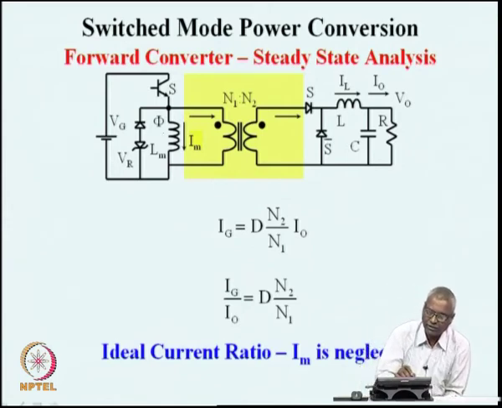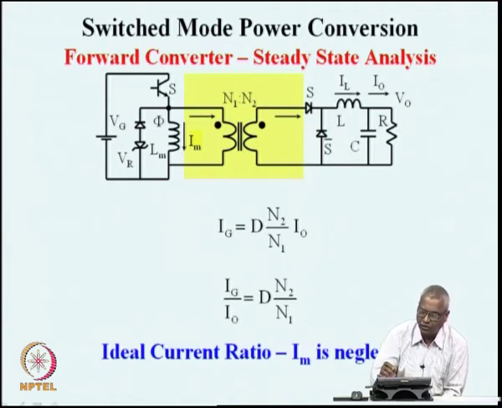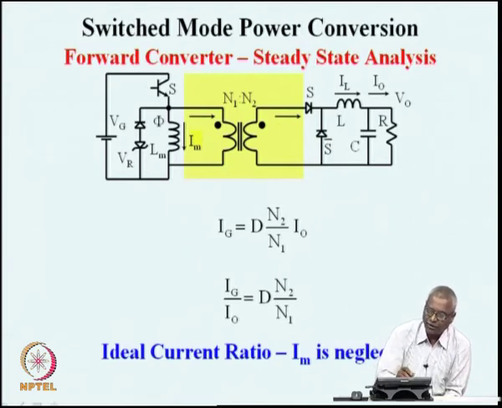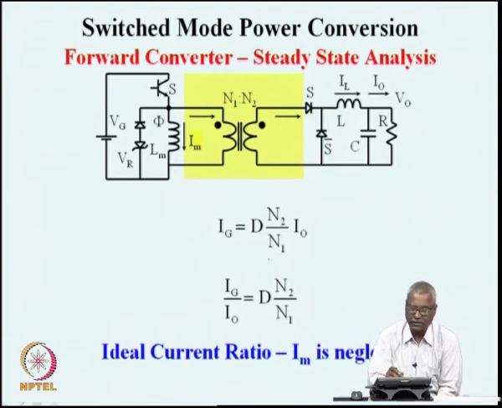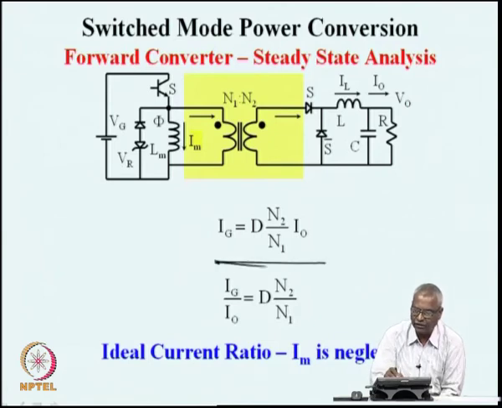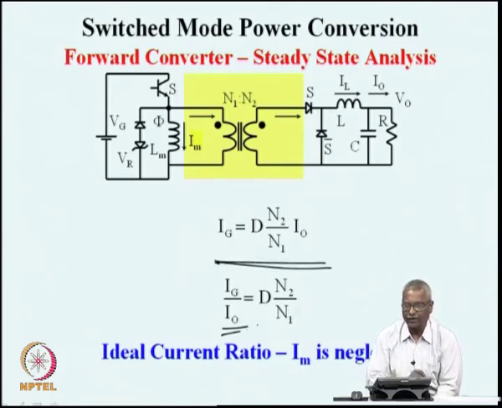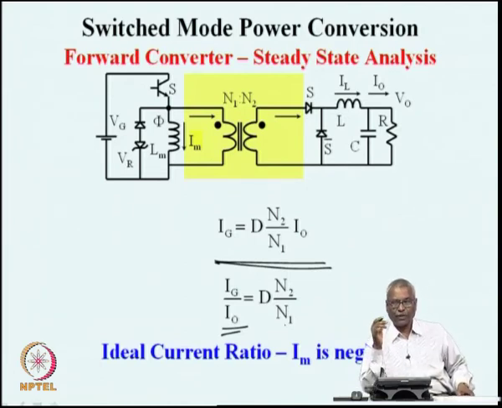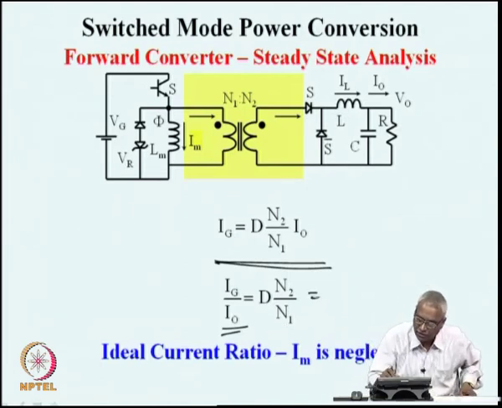In such a case, the primary current average is nothing but the secondary reflected current IL into N2 by N1 multiplied by the duty ratio D, which is really the average current Ig, and from this you can write the current ratio as duty ratio multiplied by N2 by N1. This is the same as V naught by Vg.